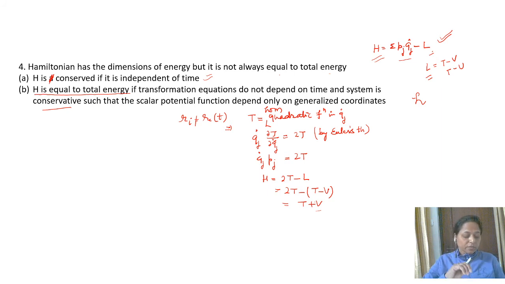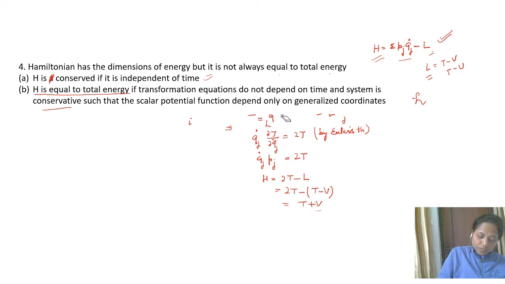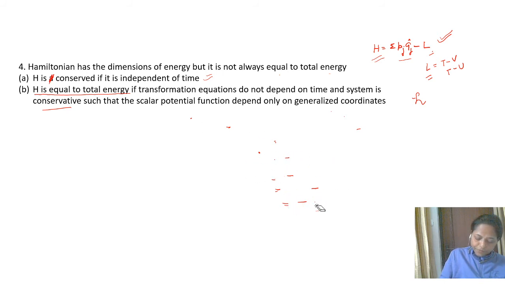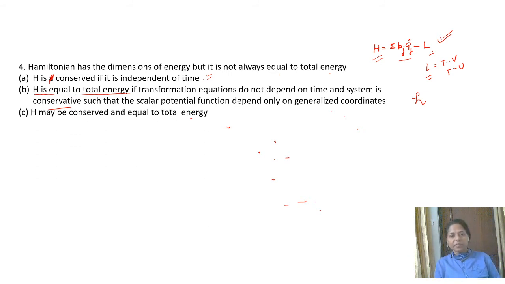So H is conserved and H is equal to total energy, both are different things. H may be conserved but not equal to total energy. H may be equal to total energy but may not be conserved. H may be conserved as well as it is equal to total energy. So the next property is that H may be conserved and equal to total energy.